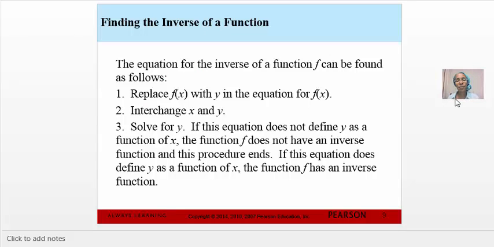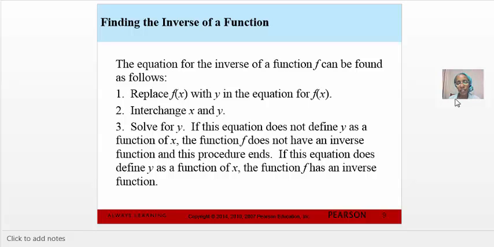This reflective property is what we are going to use to find the inverse of a function. So when I start with a function f of x and I want to find its inverse, I'm going to replace f of x with y in the equation for f of x.